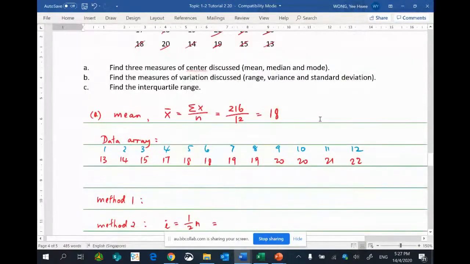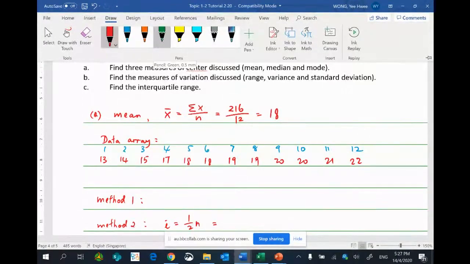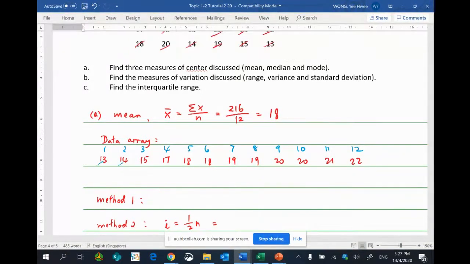Next, we're going to do the data array. Data array means the data that you have, you sort it from the smallest number to the highest number. We call that data array. Okay, so if you use the first method, which is the easier method, basically you just need to cancel things. So you just cancel 1, 2, 3, 4, 5. 1, 2, 3, 4, 5.